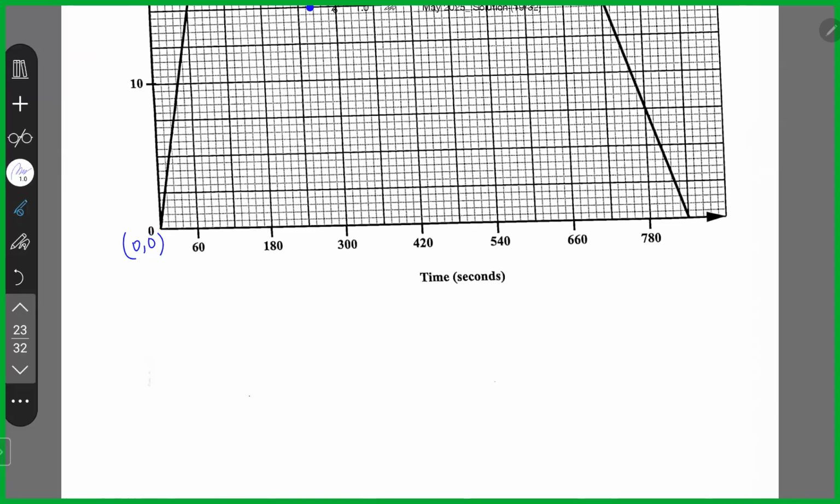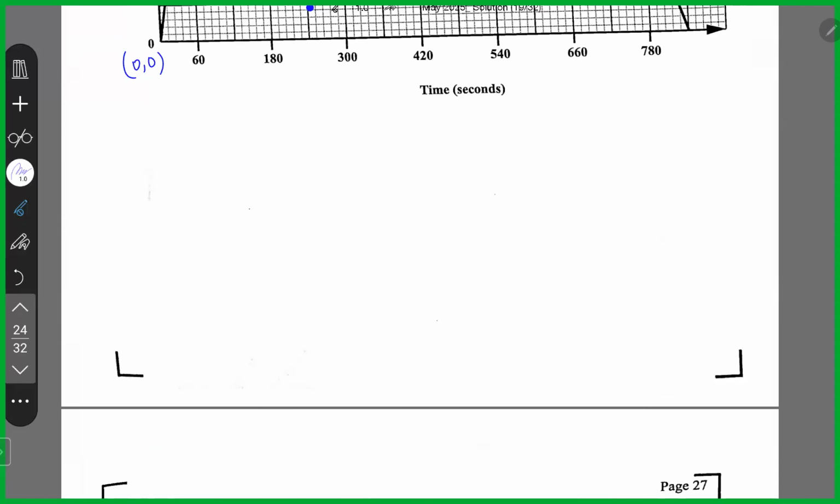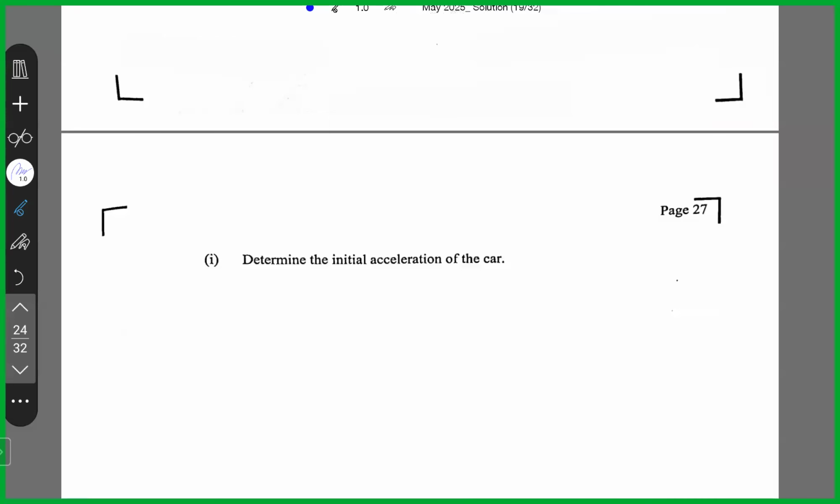So the gradient, which is the acceleration, is equal to y2, which is 30, minus y1, which is 0, over x2, which is 120, minus x1, which is 0.